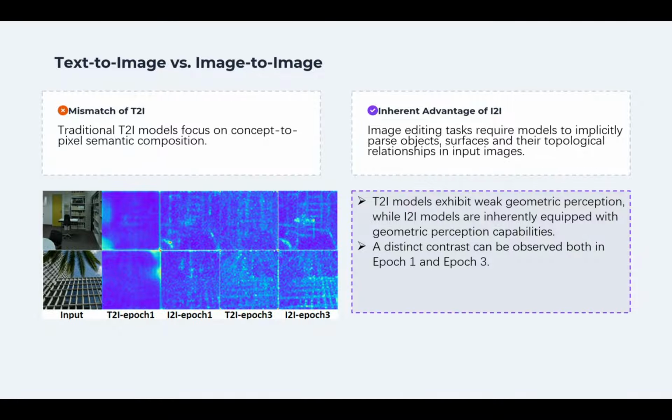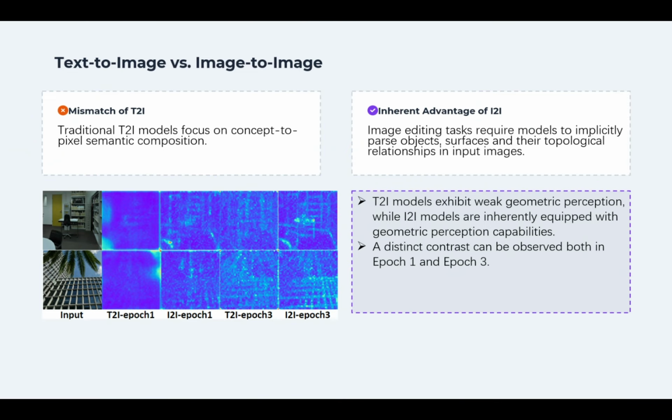However, we discovered there is a gap between the T2I model and our perception task, because traditional T2I models focus on concepts to pixel semantic composition, which lacks an inherent capability of geometry, while our perception is a pixel-to-pixel or image-to-image task, which is more suitable for an image editing model like Flux.1 Kontext.